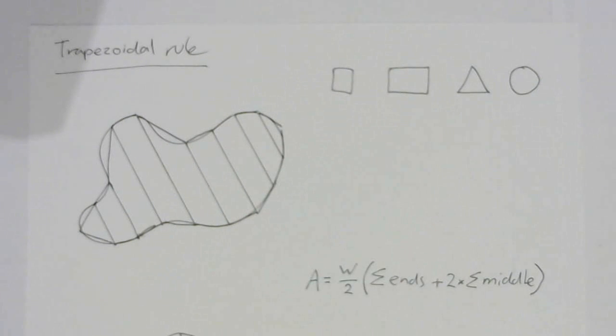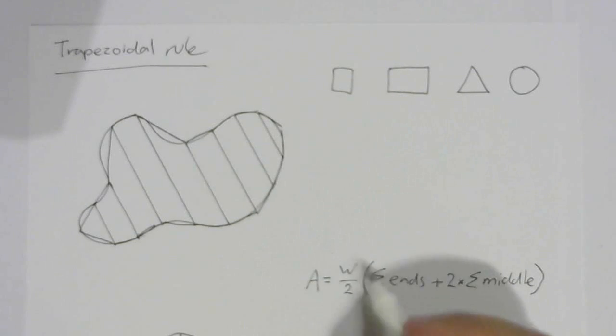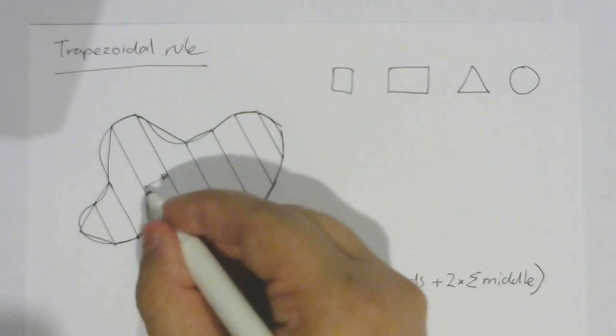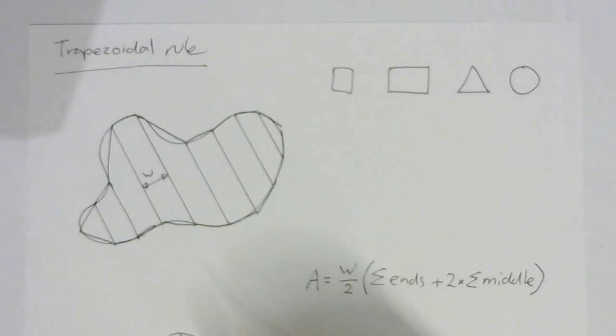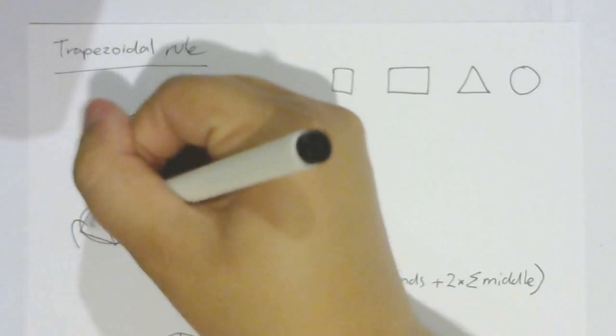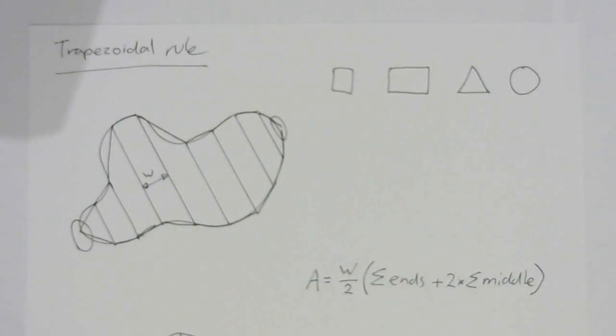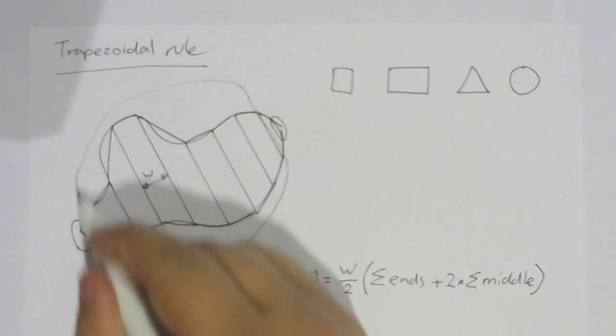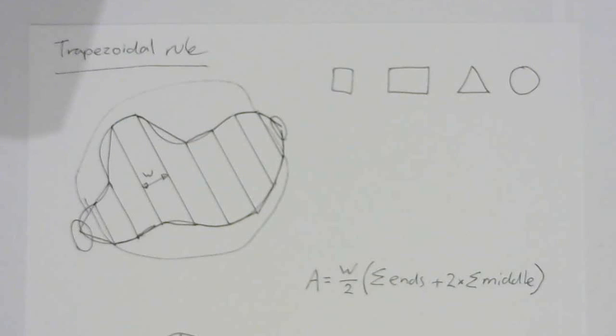That's the trapezoidal rule. W is the width of each of these strips. The ends are the lengths of the outer edges. And then the middle is everything else, all these lengths in the middle. So let me show you how that works.